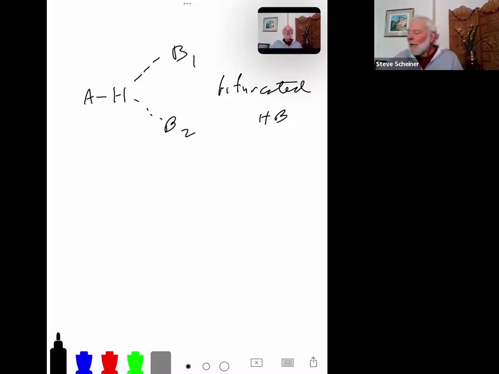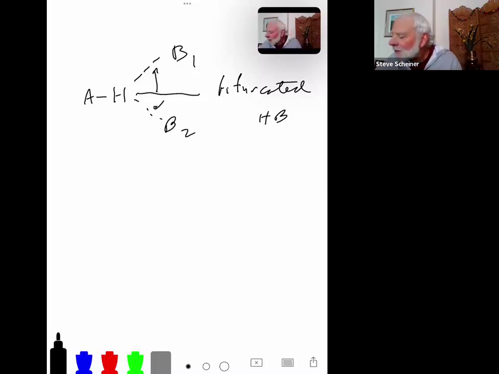Each of these two individual hydrogen bonds is weaker than if it had been linear, because neither is linear, but there's 2 versus 1. So it can be that a bifurcated hydrogen bond, 2 can be better than 1, even if they're both weaker, or it can be weaker than 1, and it all depends.